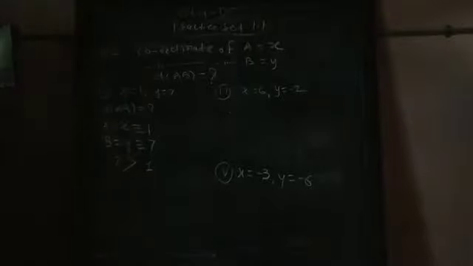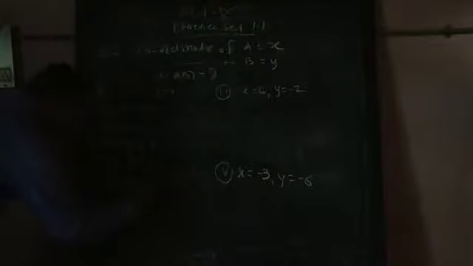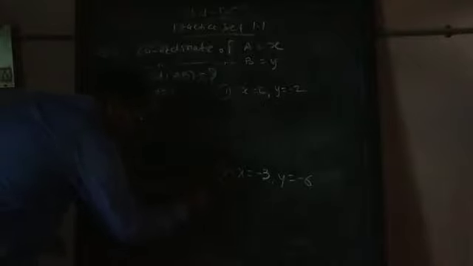Therefore, distance of AB is equal to greater coordinate minus smaller coordinate.